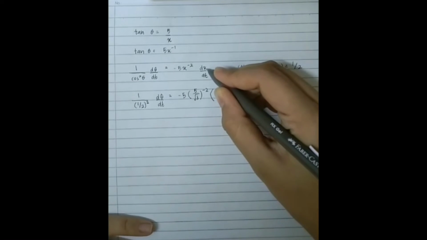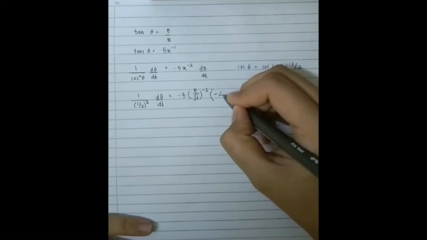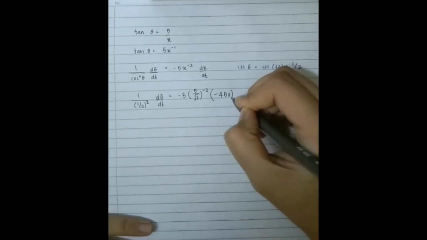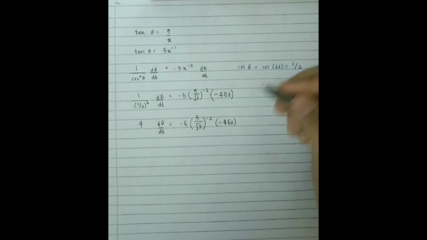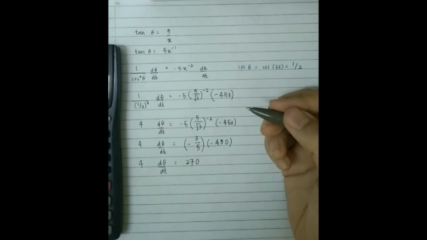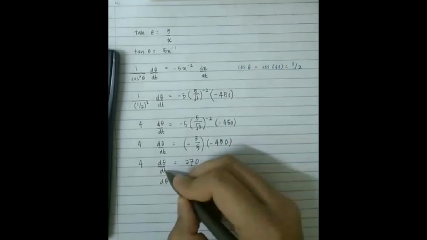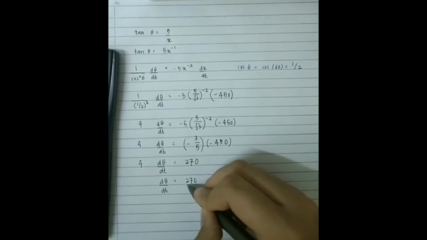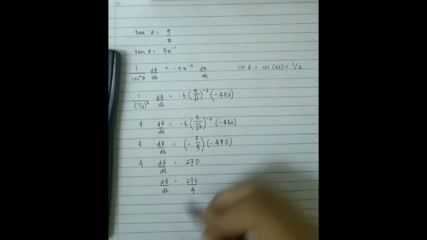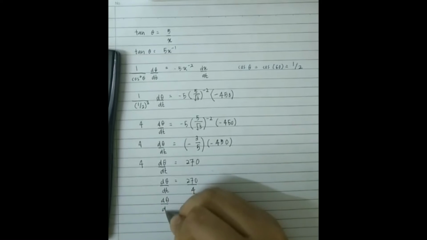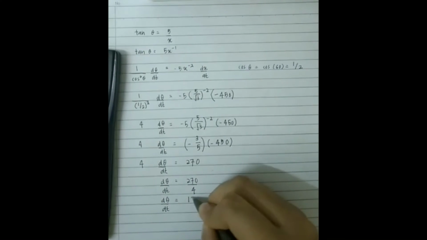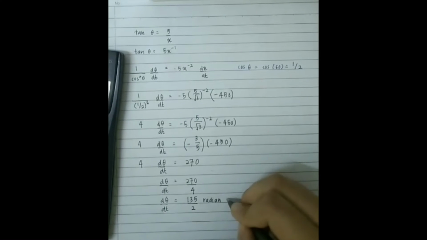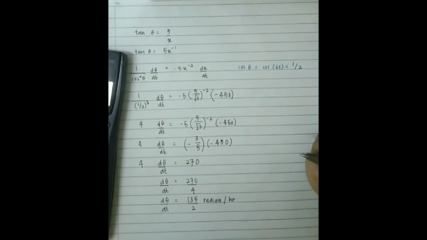And the dx dt that we got just now is negative 450. After we calculate the value, we will get like this. For this step, you just need to calculate the value using your calculator. To find the value of d theta dt, you just need to divide 270 over 4 and you will get the final answer. And the answer is 135 over 2 radian per hour.